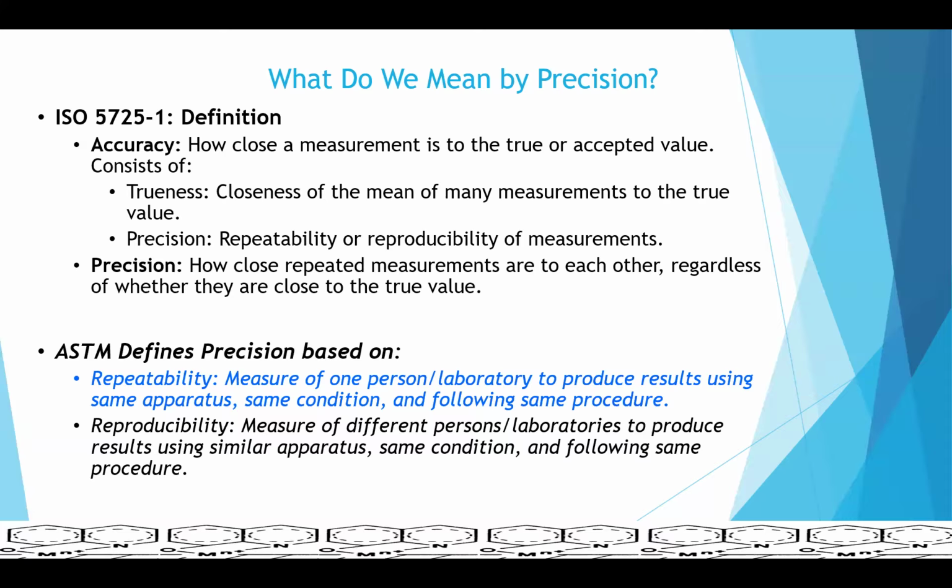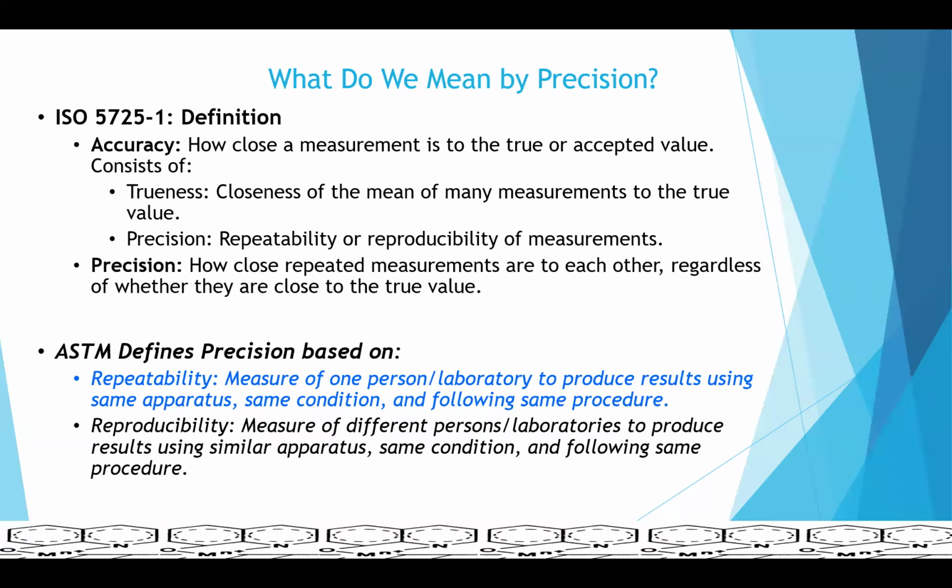So the precision statement talks about the repeat values we obtain when we repeat the test. It does not talk much about the true value. In other words, when you are talking about precision of a laboratory methodology, we are only focusing on repeatability and reproducibility. We are not comparing the lab test with the field test. That is the accuracy portion of it.